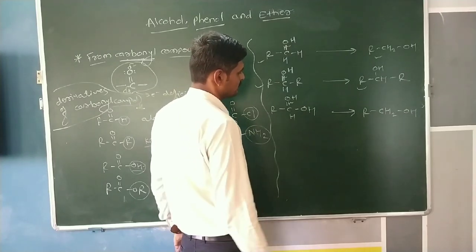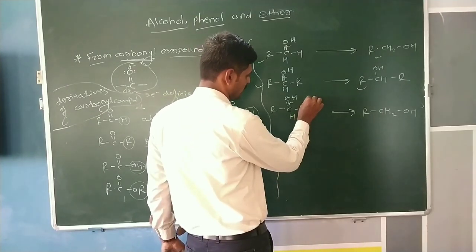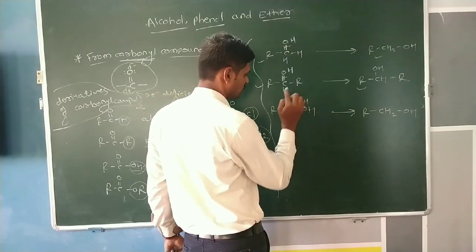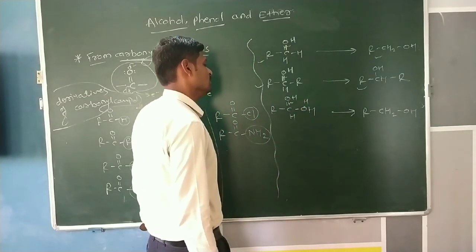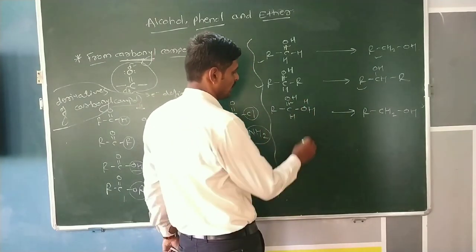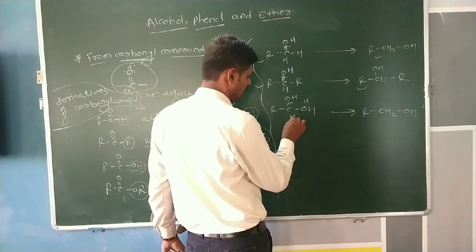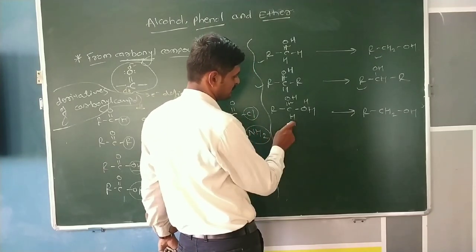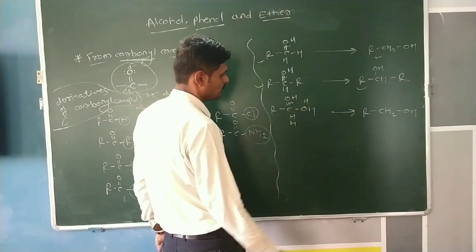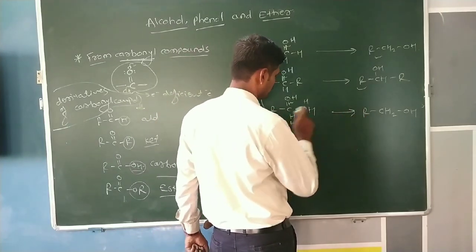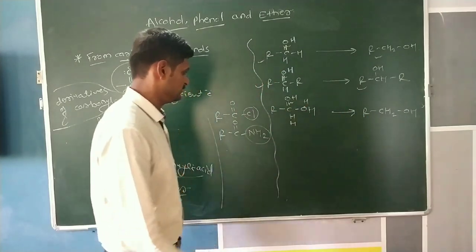Then one hydrogen is also attached here, because there is a formation of a water molecule, and another hydrogen is shifted here. That means four hydrogens are required for formation of alcohol from carboxylic acid.